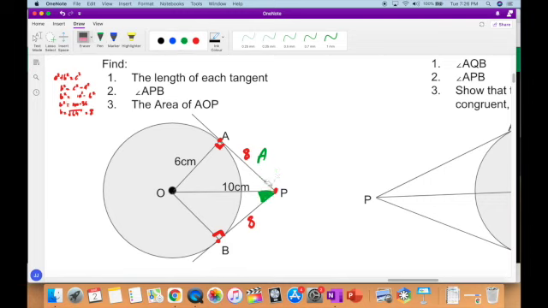Soraya, how are you feeling about all this? It's just a matter of knowing your theorems themselves, right? So what we're saying is that we're going to use trigonometry to find this angle.